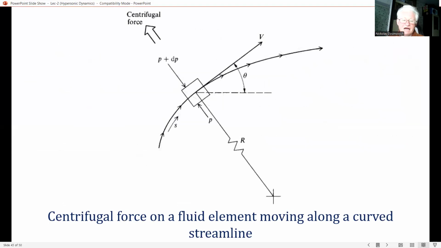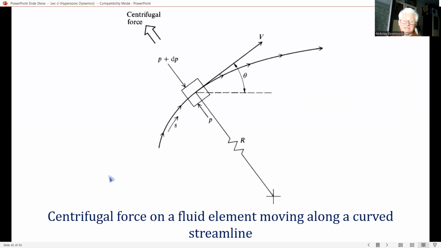To physically understand the nature of centrifugal force on a flow field, consider a fluid element moving at velocity v. Yes, we have this velocity v along the curve as a streamline with radius of curvature r in this field.